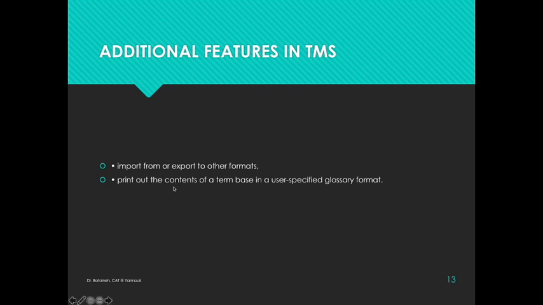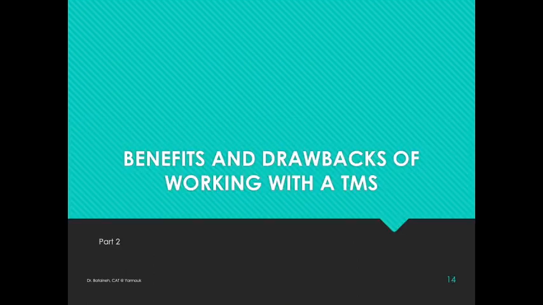Another function is that we can print out the content of a term base in a user-friendly glossary format. We can print the term base in a dictionary format where we can have a dictionary-like document or a book, for example. It basically lists the terms that start with A together and then B together, etc., etc.